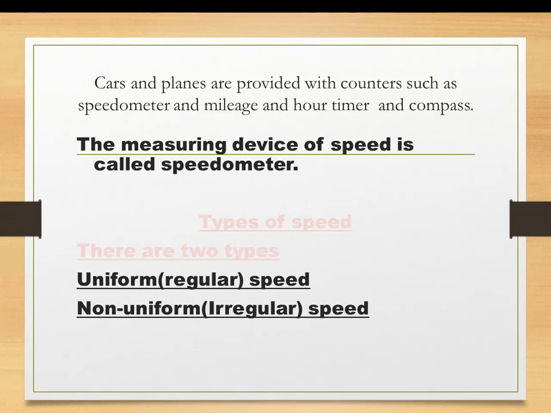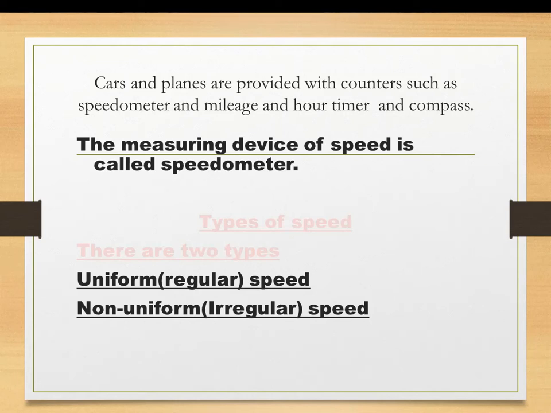Okay. Cars and planes are provided with counters. We have inside the car a counter for the speed, such as what? Speedometer. So here we have a question: what is the measuring device of speed? We use what to measure the speed? Speedometer. And here I have a give-reason question: cars are provided with a speedometer.